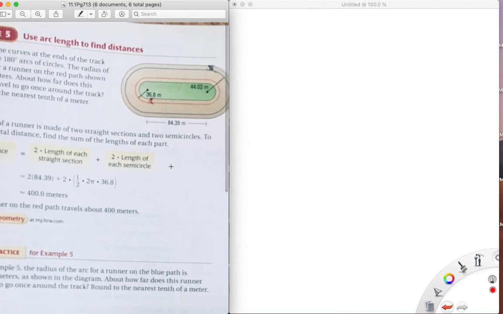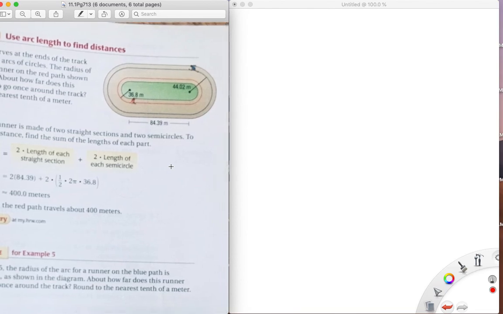Notice that he's running this portion right here. This is basically half of a circle. And since he's running a track, there's the other half. So we have a semicircle and a semicircle. We can add those two together and get a whole circle. And then the straight edge is 84.39 meters. So if that's 84 and that's 84, we can add these two together, which is basically the circumference of one circle plus these two lengths to get the distance.